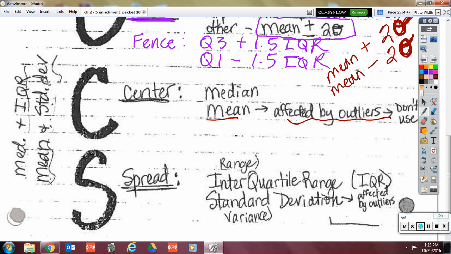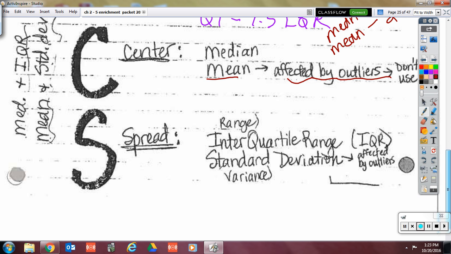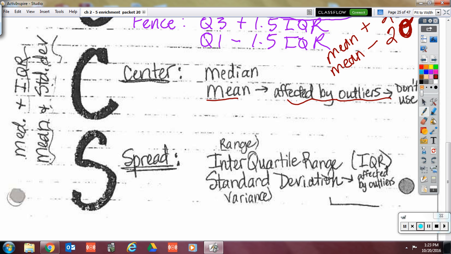And we have that same kind of thing happening with spread. Spread is how stretched out your distribution is, how closely clustered around the mean, how squinched together, how varied. Spread has to do with how varied it is. Okay, we've been talking about that this year. So typically you will use interquartile range or standard deviation.